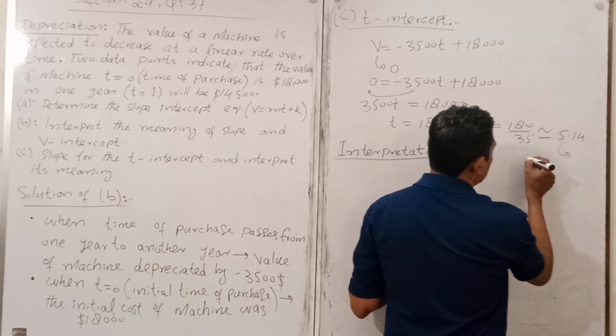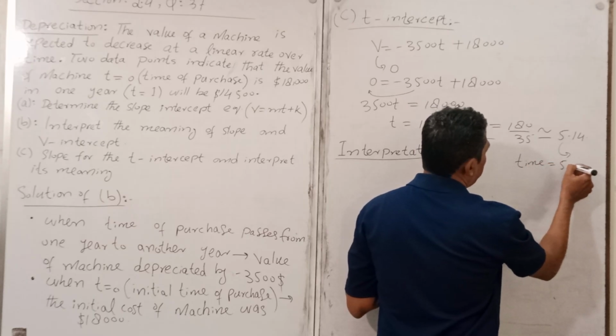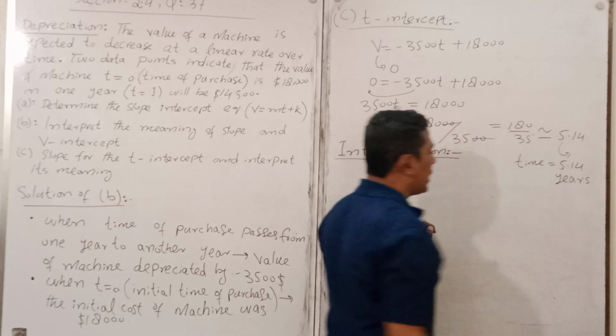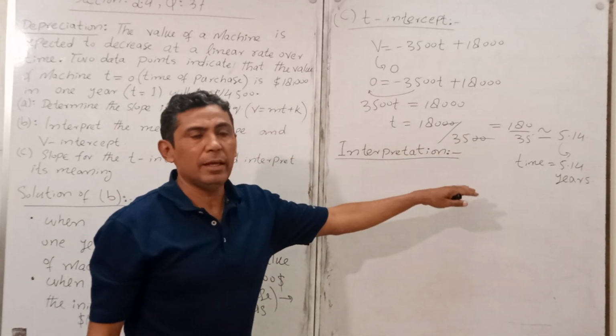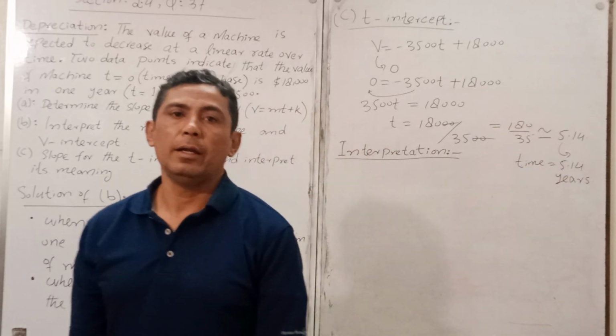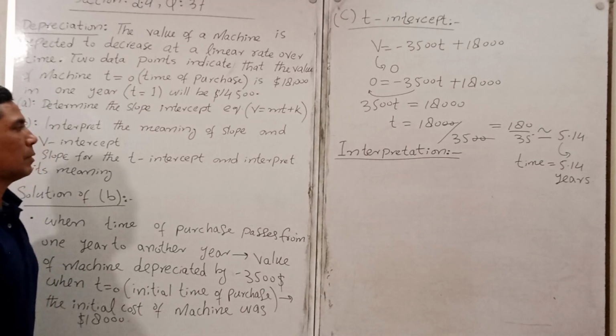This is the time period. Yani 5.14 years. ये time period है जो 5.14 years आपका बन रहा है. Okay.